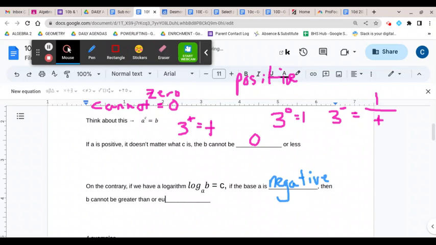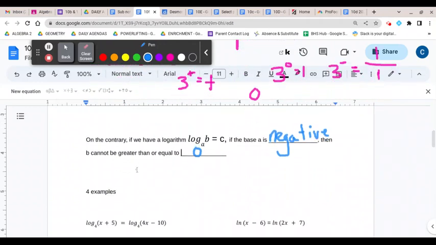Again, if our a value is negative, our b value has to be a negative number.